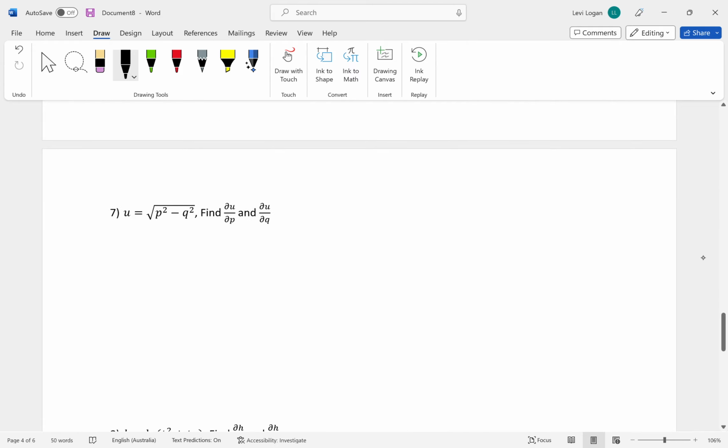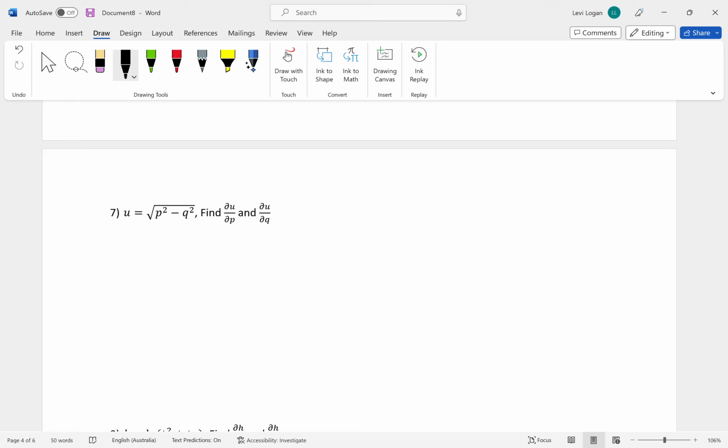If you have a function inside another function, the way you differentiate that is you diff the outside and you multiply it by the differential of the inside. So you diff the outside, leave the inside, then diff the inside on the outside.